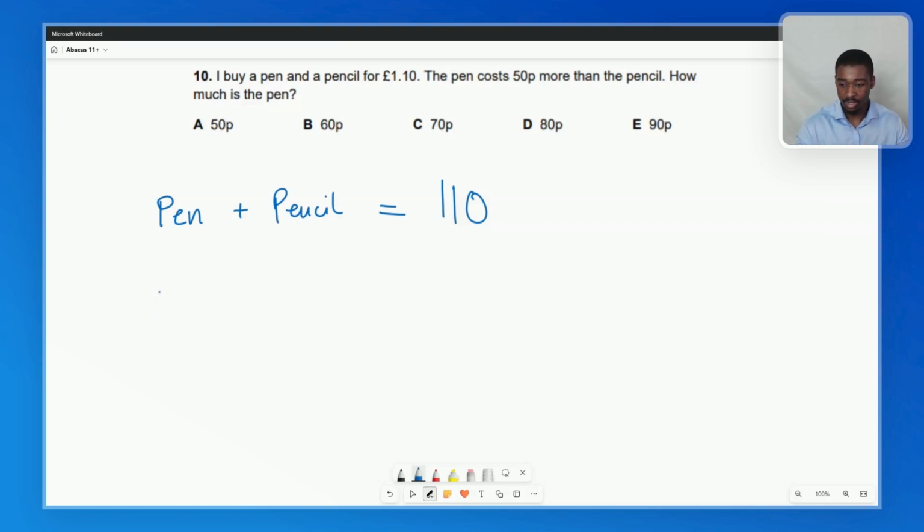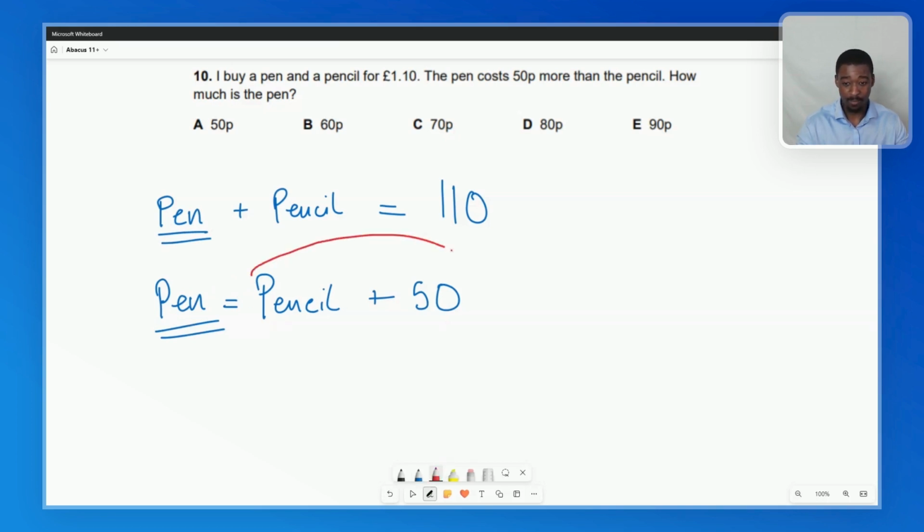So that means the pen equals the pencil, like we just said, plus 50p or plus 50. This is some more advanced maths, but now we can use substitution. And that simply means understand that we have pen here and we also have pen here. So we can substitute what we know about pen here and chuck it over here.